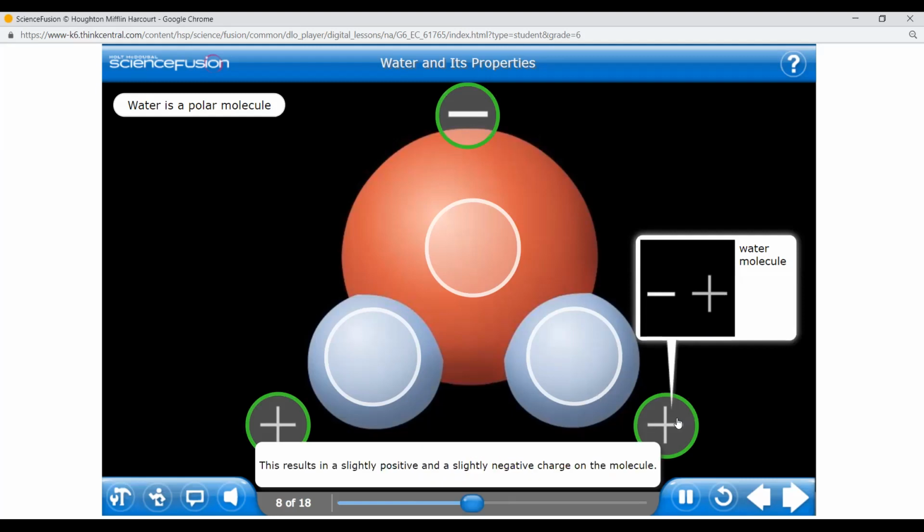This results in a slightly positive and a slightly negative charge on the molecule. Water's polarity results in many of water's unique characteristics.